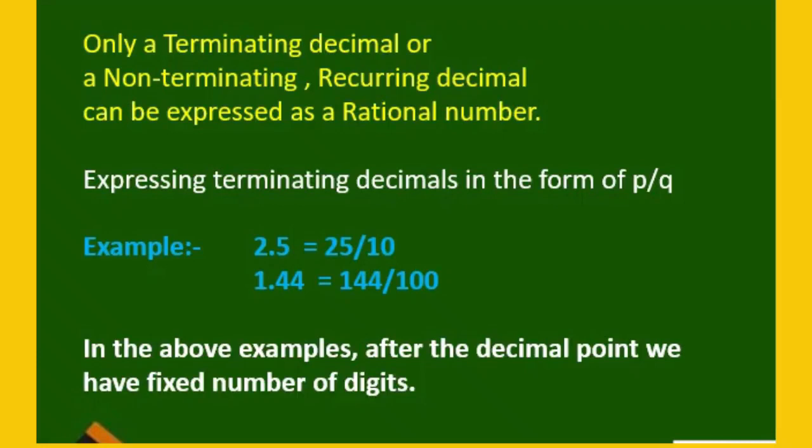You all can see that in the above examples, after the decimal point, we have a fixed number of digits. In the first decimal, we have one digit after the point, and in the second example, we have two digits after the point. Such decimals are called terminating decimals.